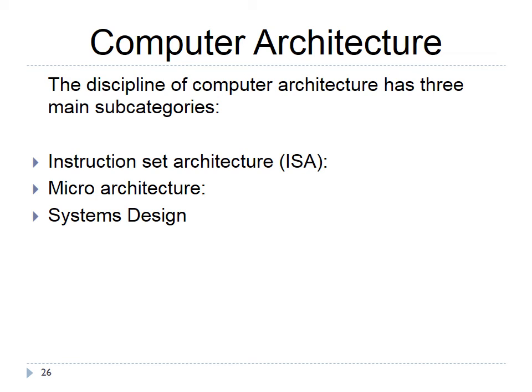The size of a computer's CPU cache, for instance, is an issue that generally has nothing to do with the ISA. The third is system design, which includes all of the other hardware components within a computing system, such as data processing other than the CPU, virtualization, and multiprocessing.